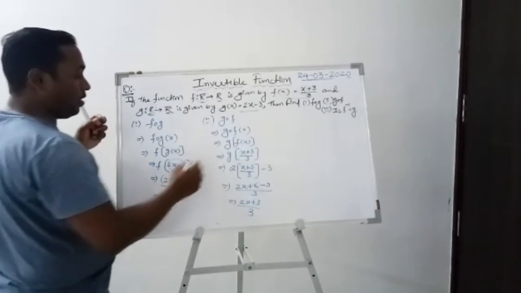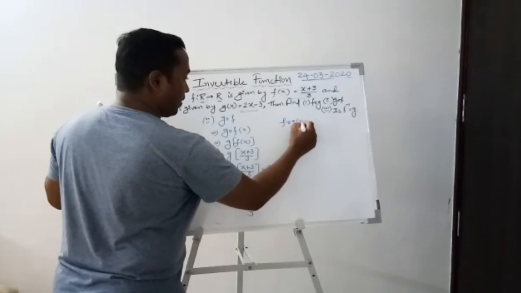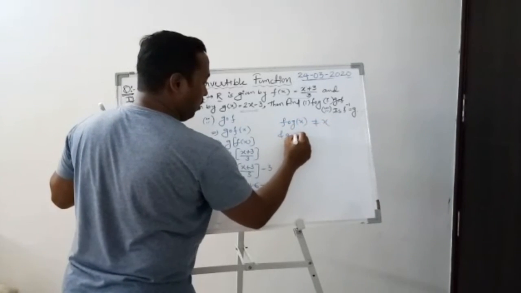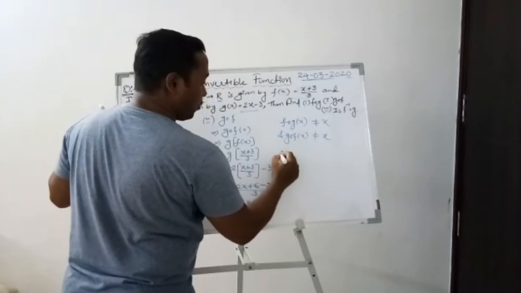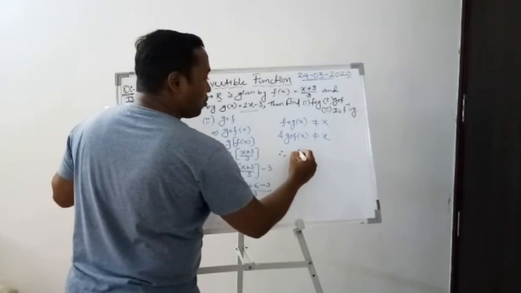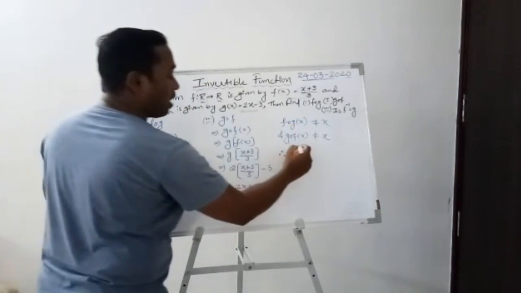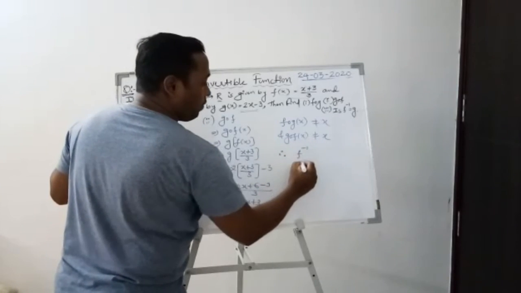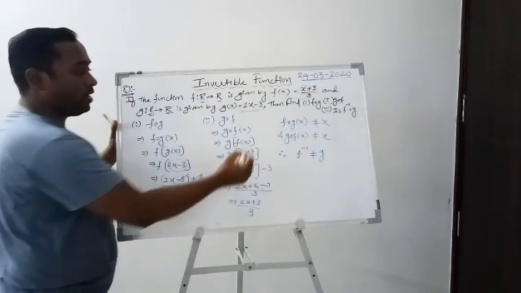Hence we can say, by the definition, fog of x is not equal to x, and even gof of x is also not equal to x. So therefore g cannot be the inverse of the function. So our purpose is solved. Therefore inverse of f cannot be g because it is not satisfying the given conditions.